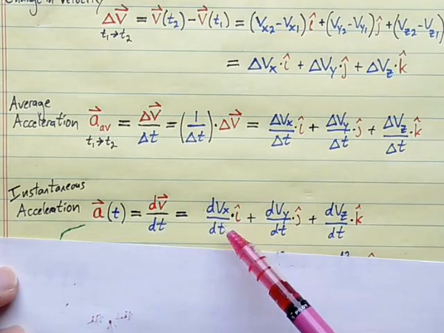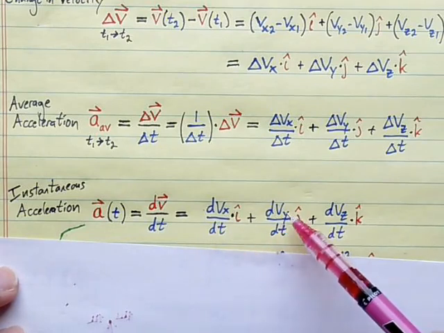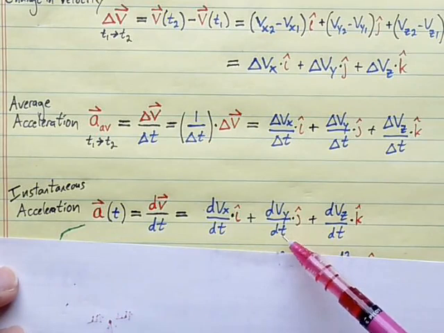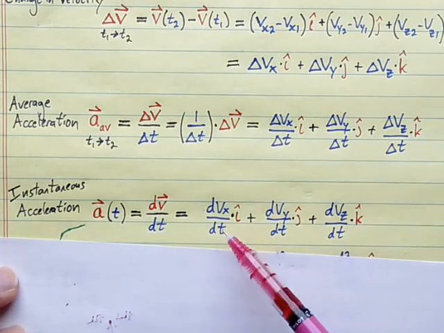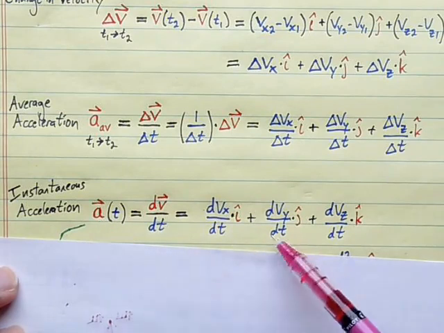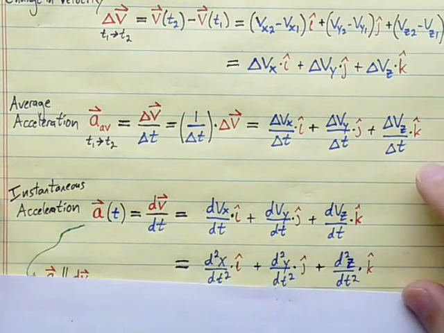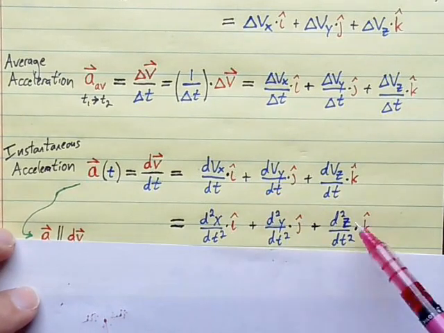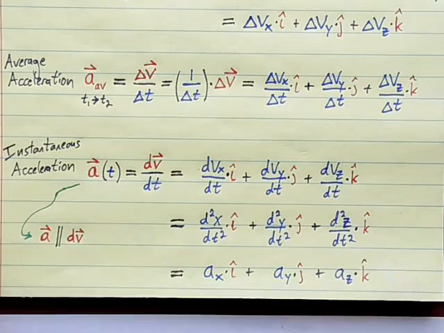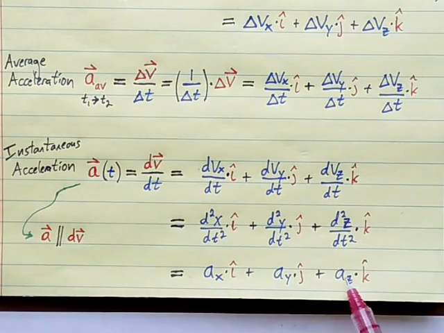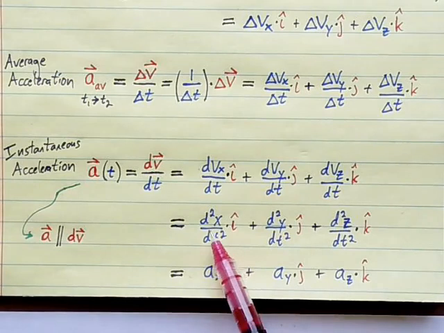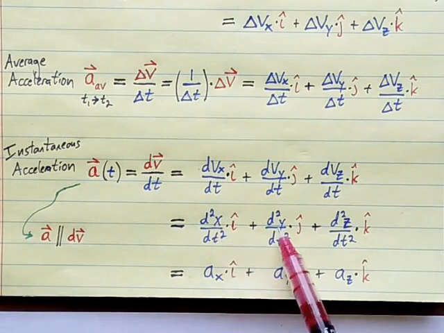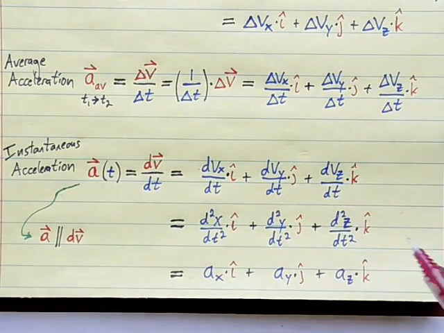So the derivative of the x component of the velocity with respect to time, the derivative of the y component of velocity with respect to time, and so on, give us the x component of acceleration, the y component of acceleration. Since the velocity components are themselves derivatives of the position components, we can also express the x, y, and z components of acceleration as the second time derivative of the x, y, and z components of your position vector, d squared x over dt squared, and so on.